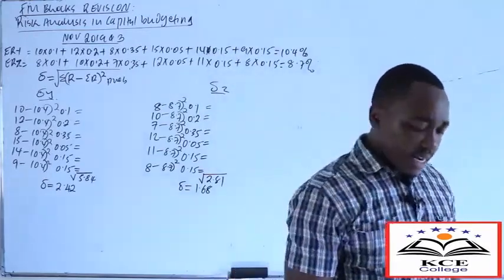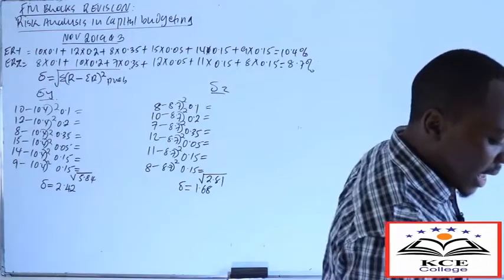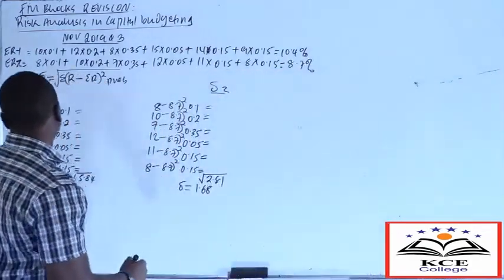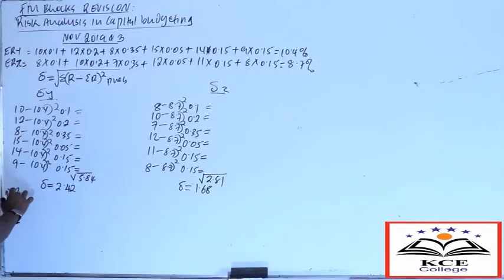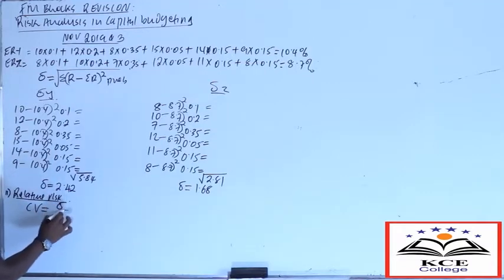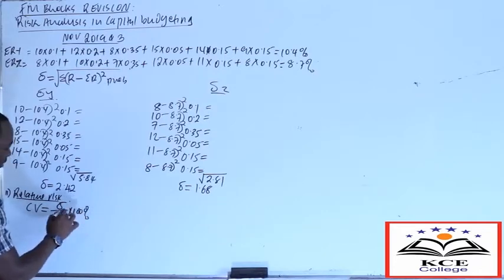Number 2 is the relative risk of securities Y and Z. When you talk about relative risk, that is the coefficient of variation. The coefficient of variation shows the relative risk and the trade-off between risk and return: you divide the standard deviation by the expected return and multiply by 100%.